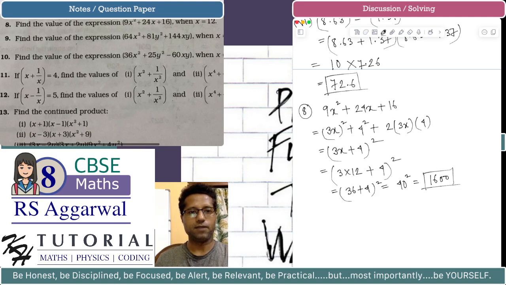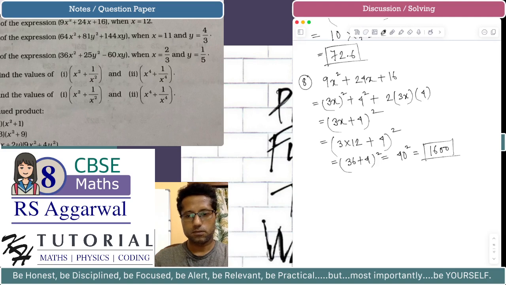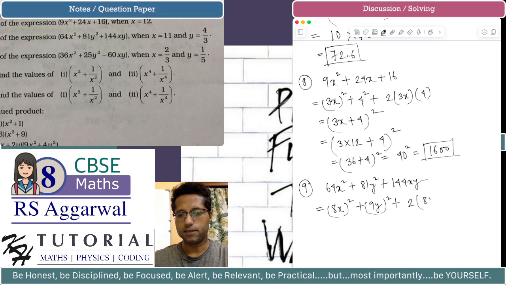Question number 9. Find the value of the expression when x equals 11 and y equals 4 by 3. So the given expression is 64x square plus 81y square plus 144xy. Now 64x square is 8x whole square, 81y square is 9y whole square, and you can see that 144xy is equal to 2 into 8x multiplied by 9y.